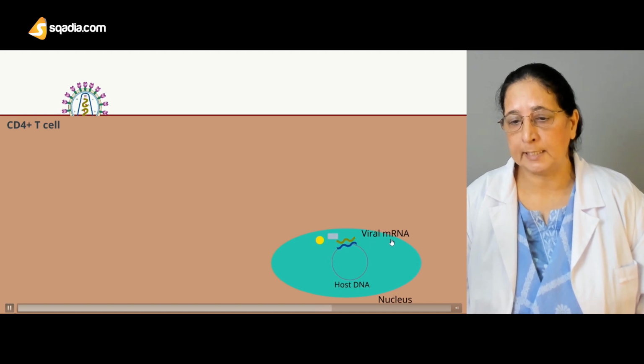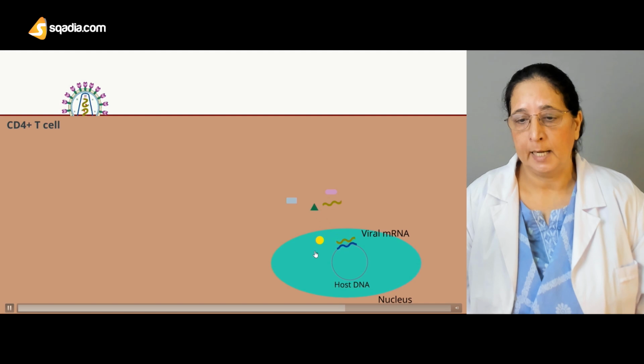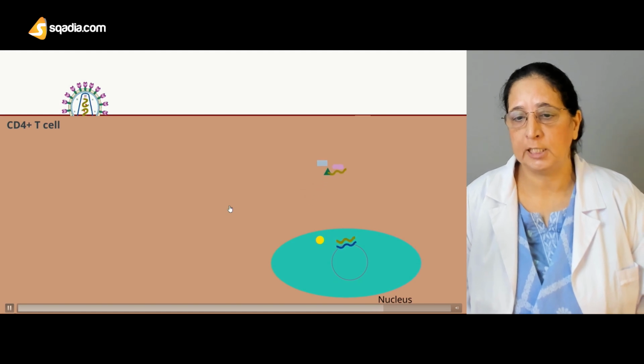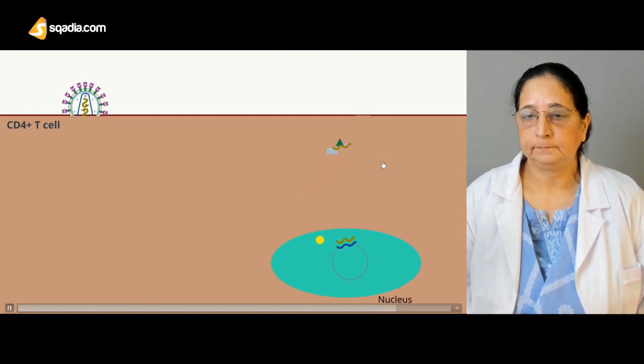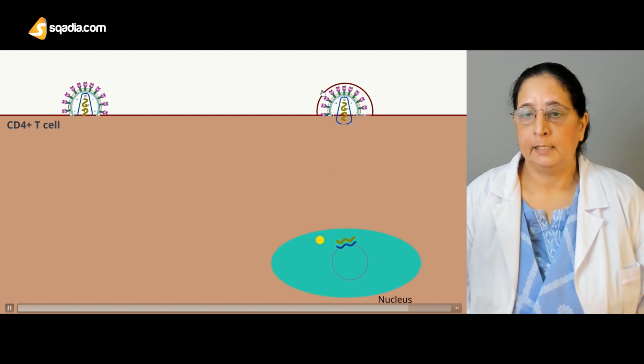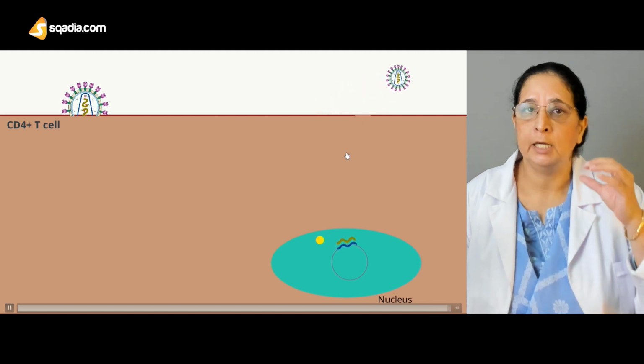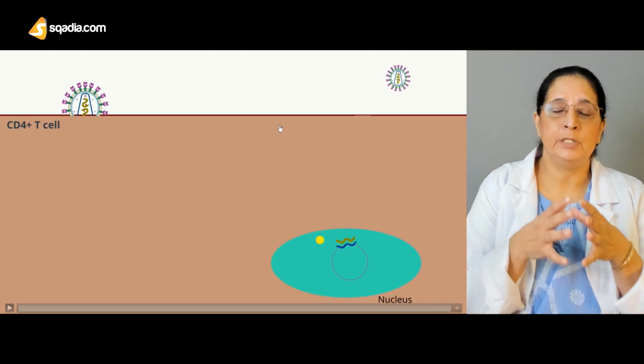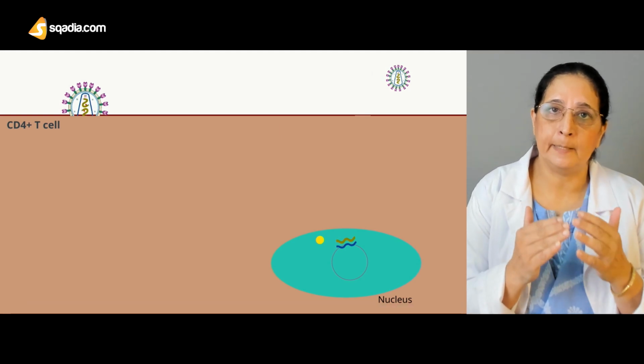Then viral messenger RNA comes, and this viral messenger RNA, in the presence of the viral proteins, brings this whole phenomenon about, and then it gets into the CD4 T cells. So mainly, the cycle is pretty simple.